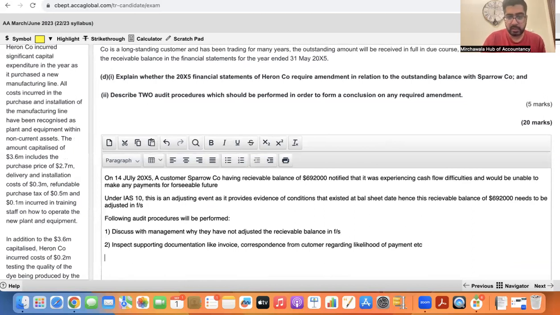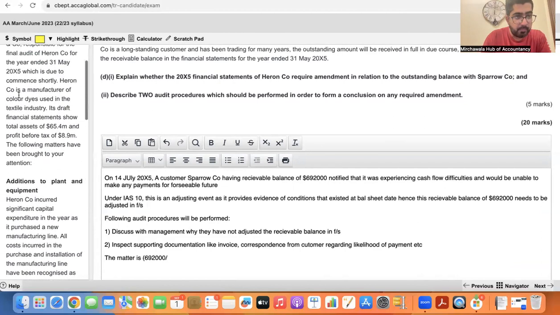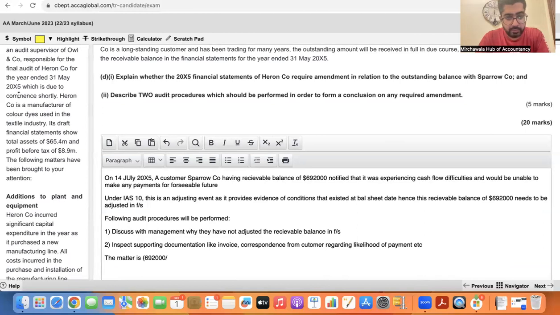Had the third requirement been asked, the impact on the audit report if the issue remains unresolved, then I told you: case intro, under IAS 10, audit procedures, then materiality. It's not necessary to write, but if the impact on the audit report is asked, we would write that the matter is 692,000, and your profit was 8,900,000.